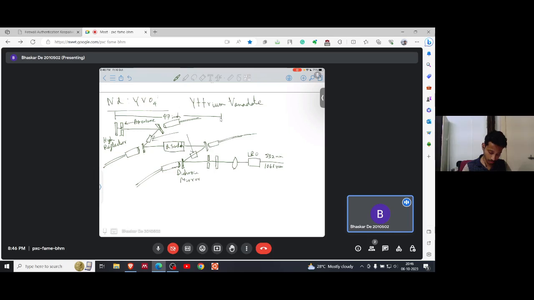These two things are the main, the Nd:YVO4 crystal. Then this is fiber coupled 40-watt bar.